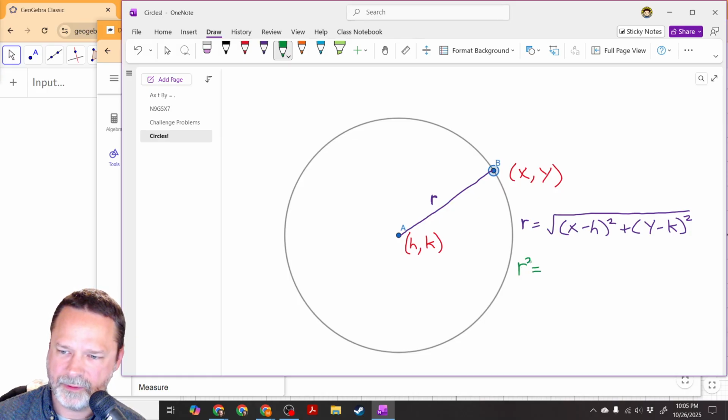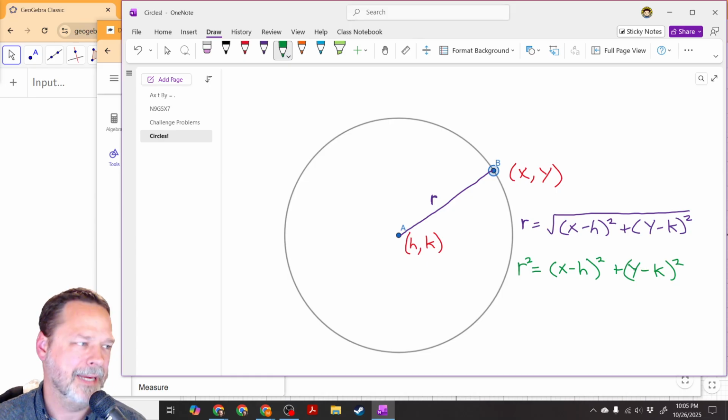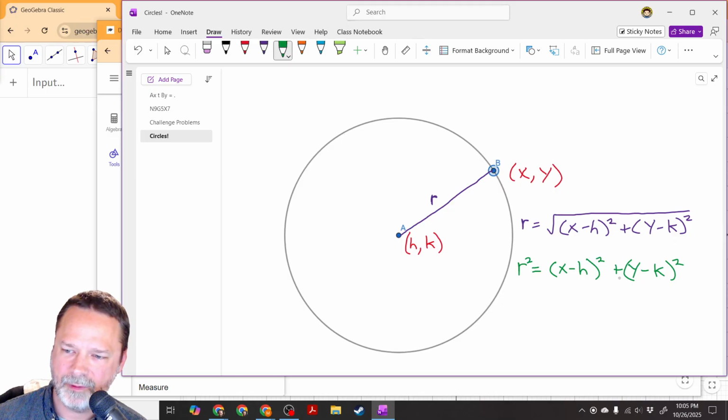And that is r squared is x minus h squared plus y minus k squared, and that's it. H comma k is the center of our circle. R is our radius. And x comma y is any point on the circle. Bam. So any x and y that make this true for a given r will give us a point on this circle. That's the equation of a circle right there.